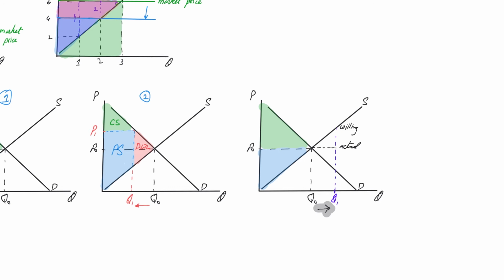So there is definitely a loss to producers here, because they wanted to charge a higher price, but they're forced to charge lower. Similarly, consumers are willing to pay this price, but they have to actually pay this much. So they are also at a disadvantage that they have to pay a slightly higher price for the good.